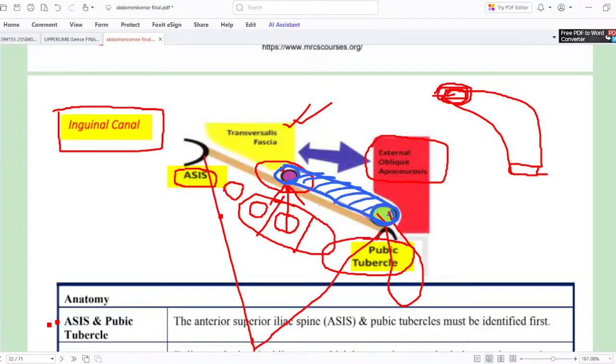So the anterior wall will remain where? Anteriorly. So now the anterior wall is formed by the external oblique aponeurosis, and this is actually the superficial ring. Very nice.